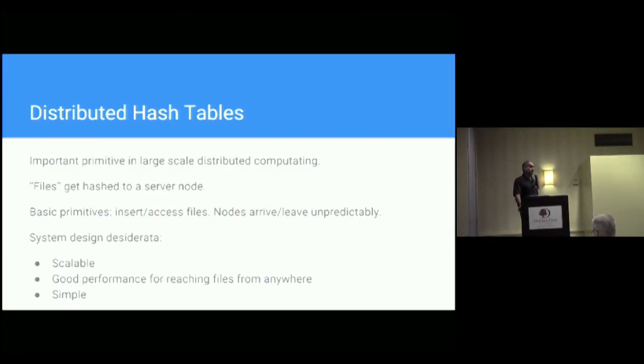You have to have good performance. So you want, in a real environment, to get hold of files wherever they are in a couple of hundred milliseconds. It's got to be simple. The system should be something that doesn't take 2,000 developers to keep alive.